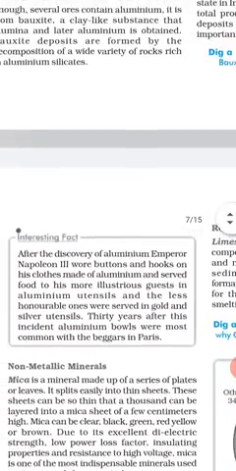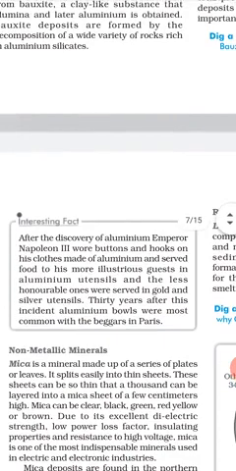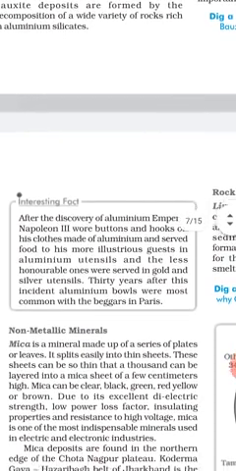There is a very interesting fact: when aluminium was just extracted from bauxite, Napoleon III wore buttons and hooks on his clothes made of aluminium and served food to his most illustrious, meaning important, guests in aluminium utensils, while the less honorable ones were served food in gold and silver utensils.